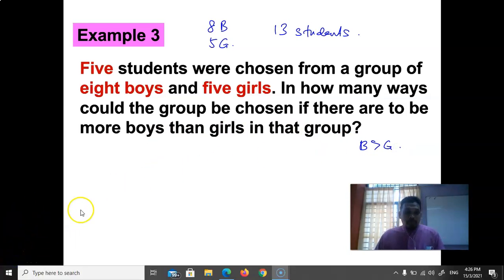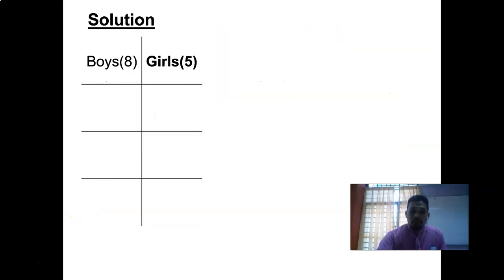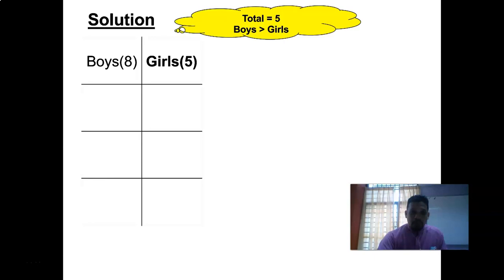So for this question, the total is 5 and the number of boys is greater than the girls. The first is 5 boys, because the key here is boys greater than girls, which is 5 greater than 0.